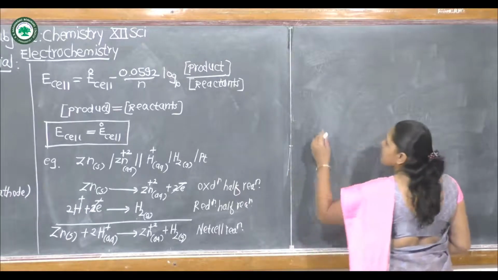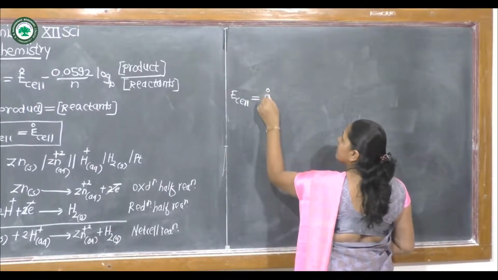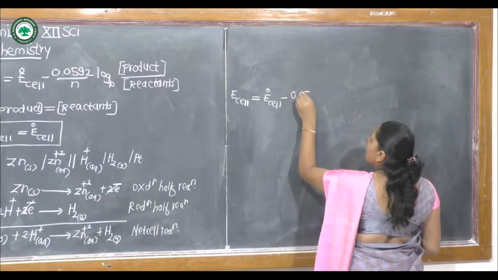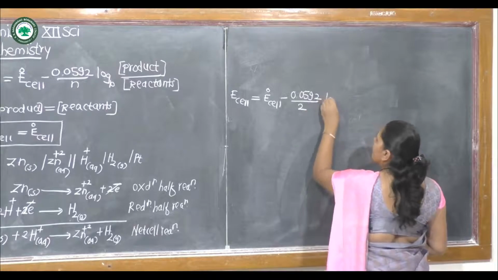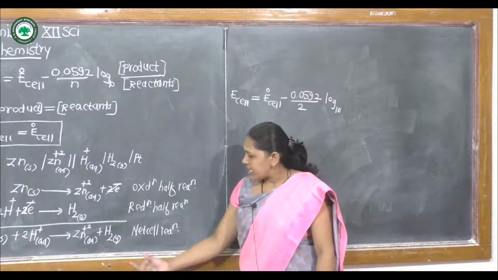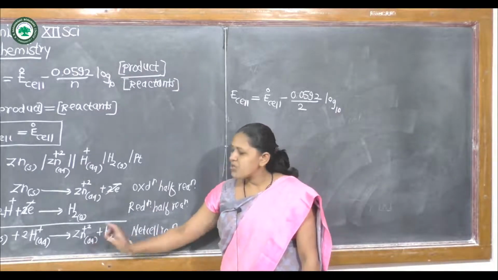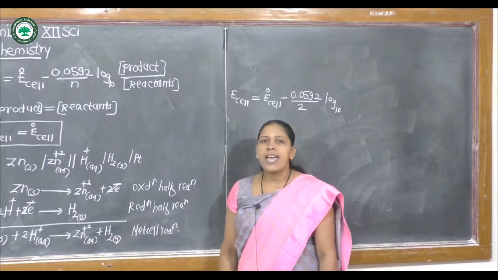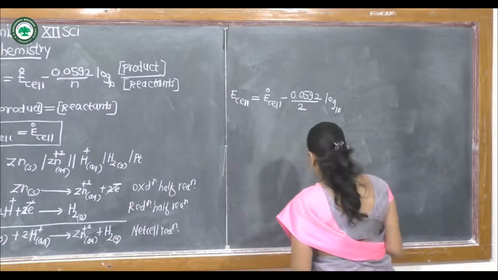Then E cell is equal to E0 cell minus 0.0592 divided by the value of n is equal to 2 log to the base 10 concentration of products in this net cell reaction, which are products zinc plus 2 ions in aqueous state, that means its concentration, and hydrogen gas is in gaseous state, therefore its partial pressure can be taken.